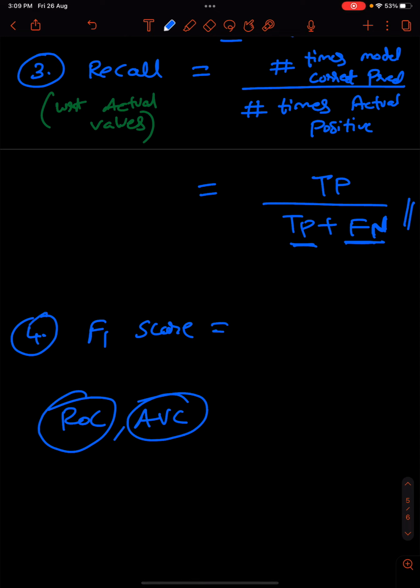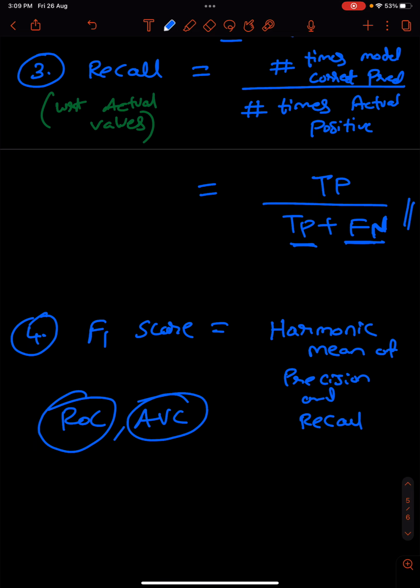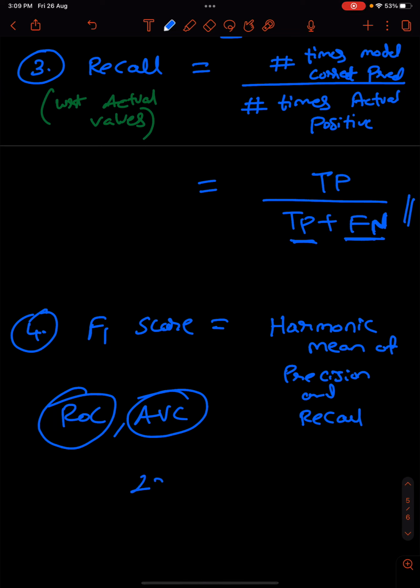F1 score is nothing but, in simple terms, the harmonic mean of precision and recall. The harmonic mean of two numbers x and y is 2xy by x plus y, right?